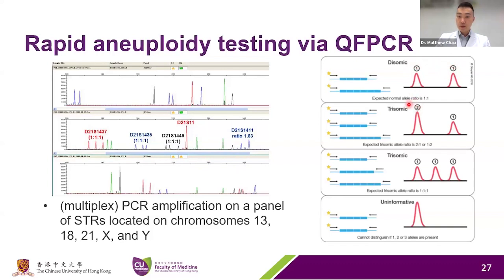When there is a trisomy, you can have a 2-to-1 ratio where you have 2 copies of one repeat and 1 copy of the other allele. You can also have 3 different repeat sizes. So we get a 1-to-1-to-1 ratio, but with 3 different alleles. However, when the repeat size is the same across the 2 disomic alleles, then it would be uninformative because you just see 1 large peak.